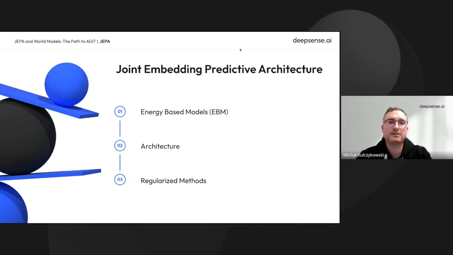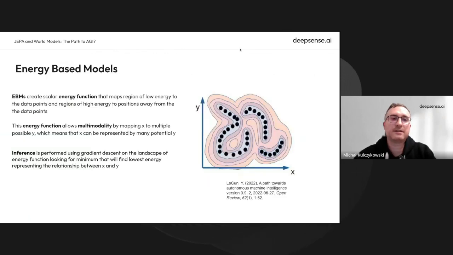And thus we come to JEPA, a predictive architecture. Here I will talk about what exactly JEPA is, how it's architectured, and how we train it. So JEPA is an energy-based model.